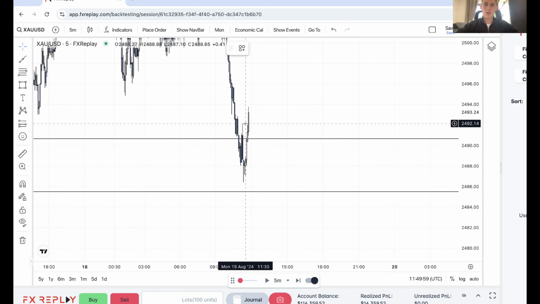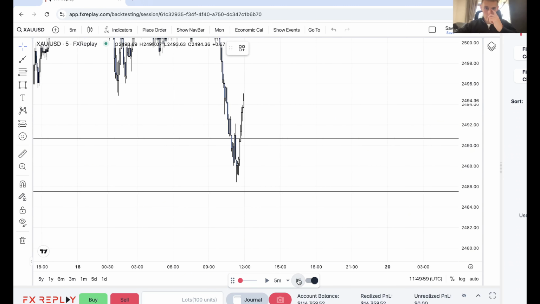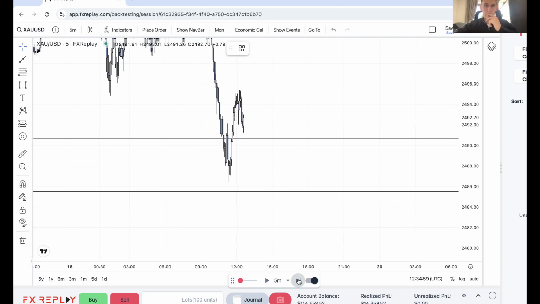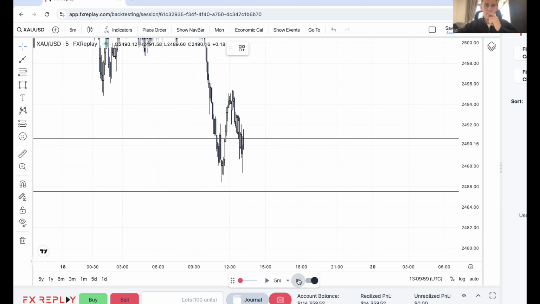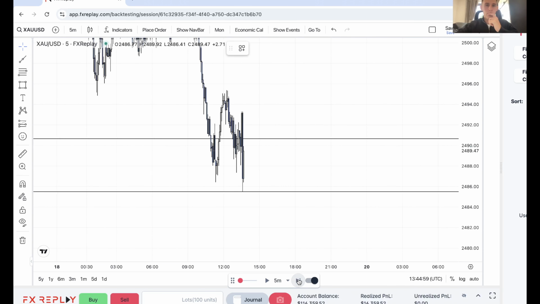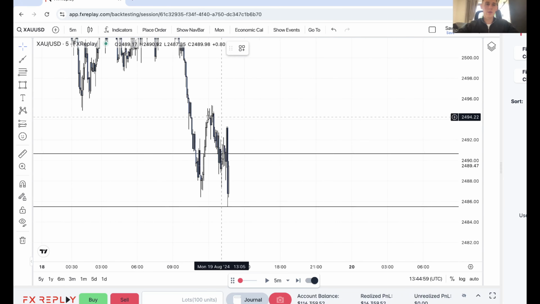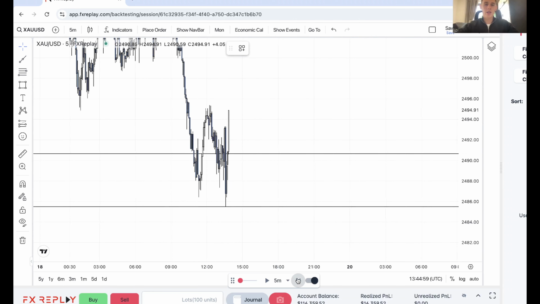So this, I wouldn't really consider that a change of character just because this was a single candle pullback. So let's keep playing it for a bit. Okay, so now price broke into new lows. So we need to see this high broken for a valid change of character.